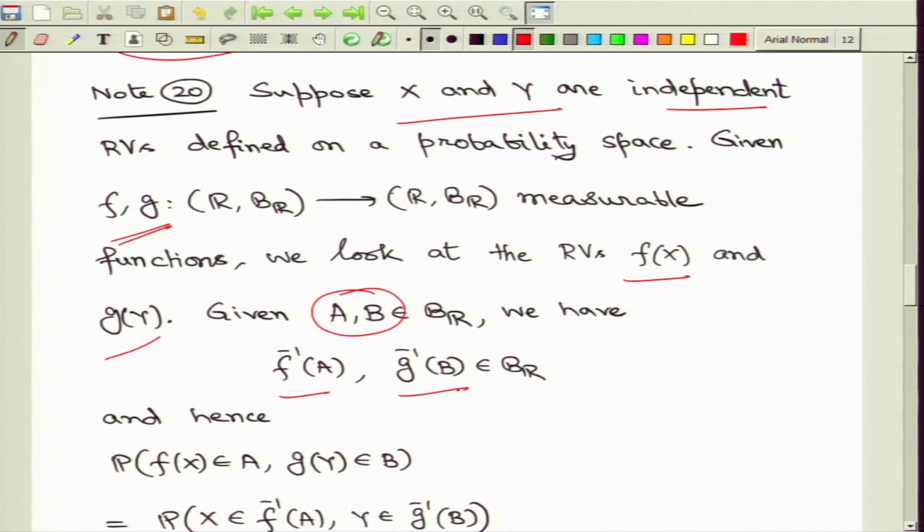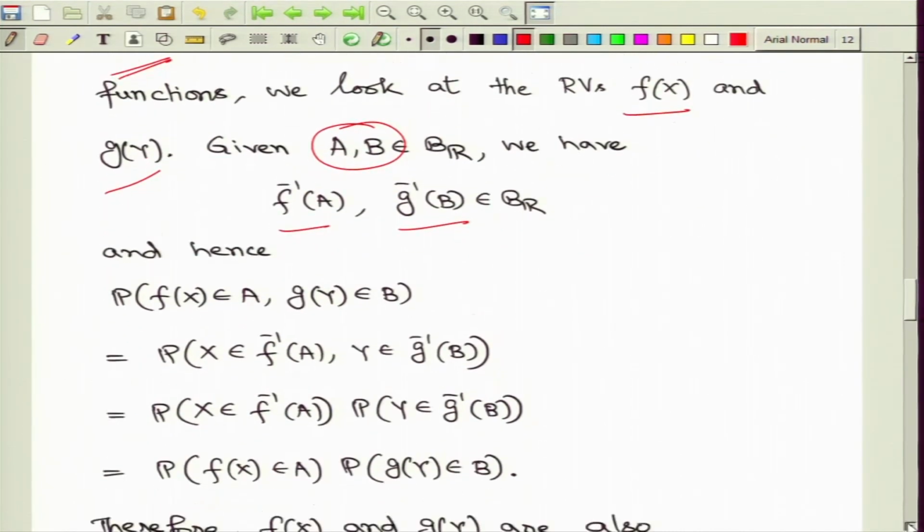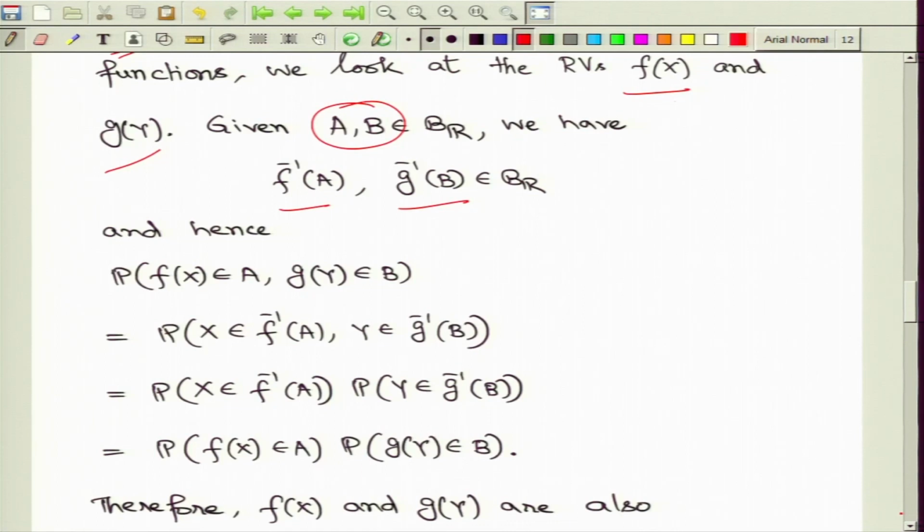Now, we go back to verifying the properties of independence for these new random variables f of x and g of y. Here, the probability that f of x takes the value inside the set A and g of y takes the value inside the set B can be simplified in this formulation: x must take the value in f inverse of A and y must take the value inside the set g inverse of B.